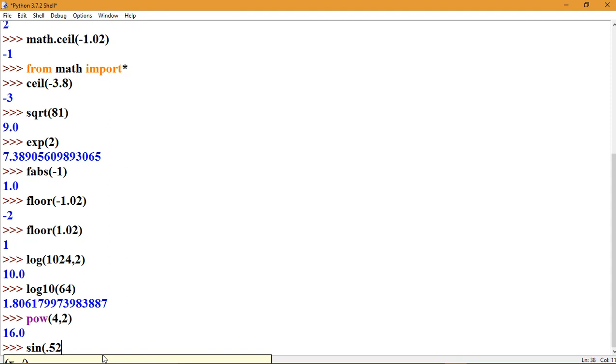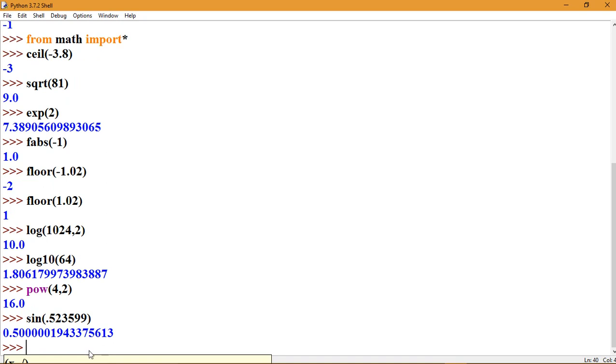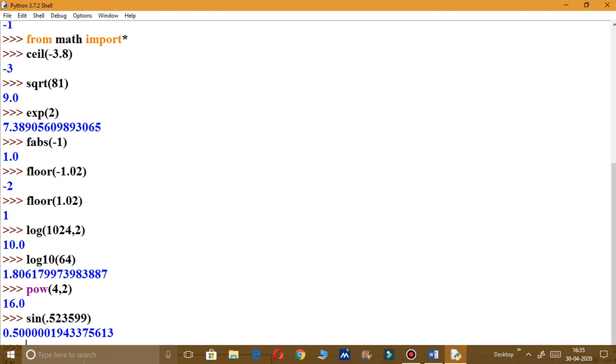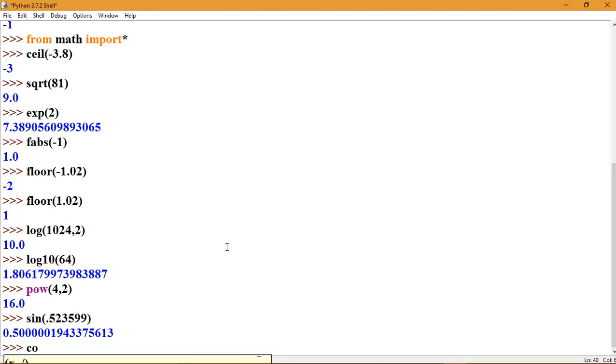See, I am writing the value of 30 degree. Sine 30 degree is 1 by 2, so it's 0.5. Now calculating cos theta.